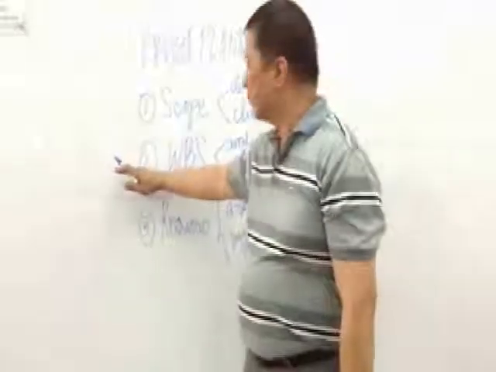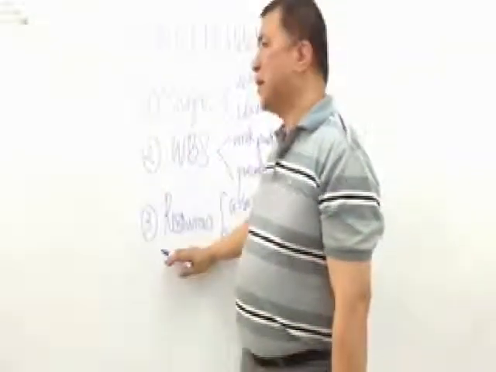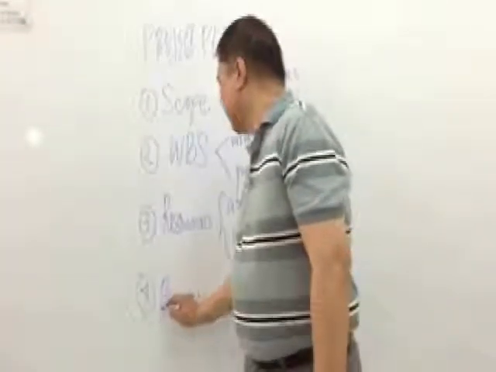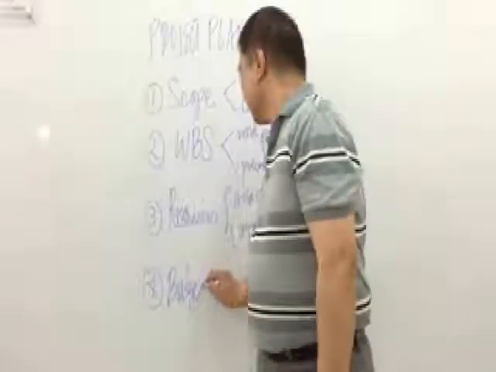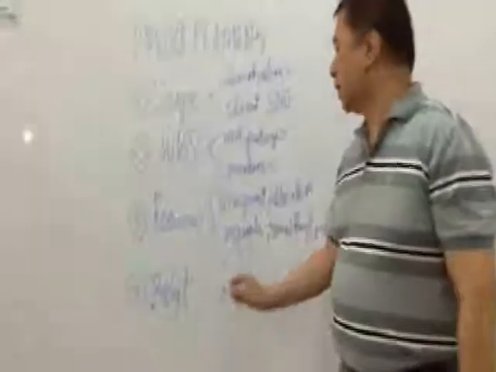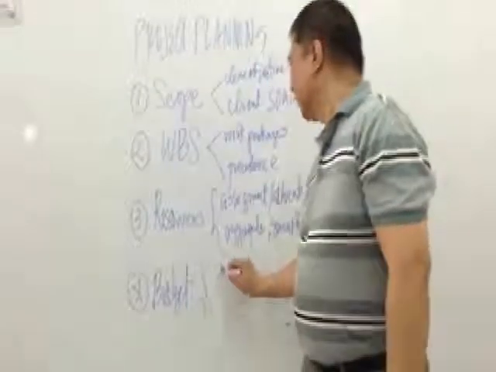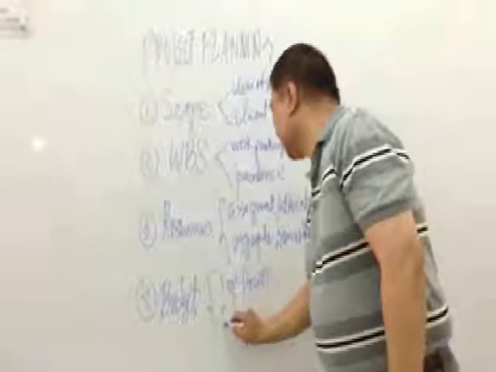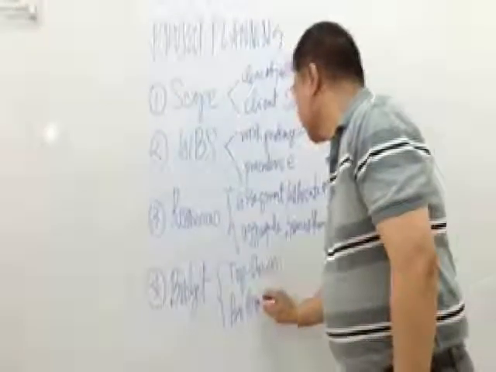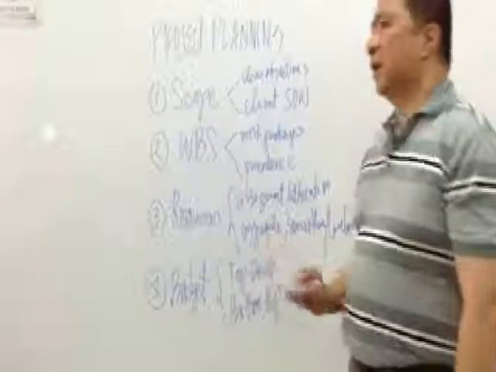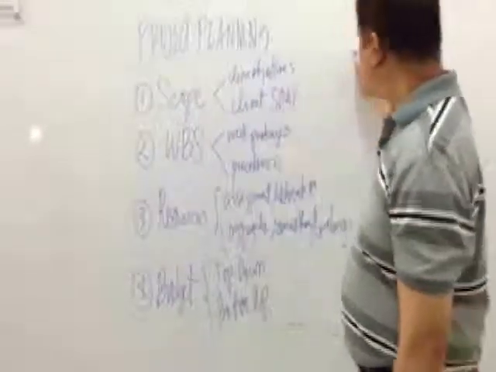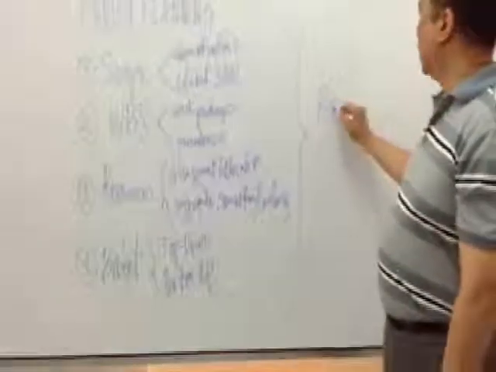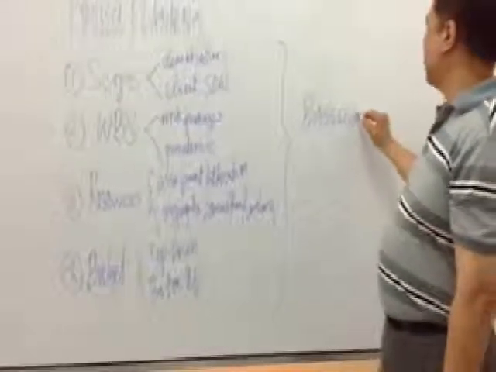So we know the activities, we know the resources, and we can now develop the budget. So in budgeting, there are two approaches, the top-down as well as the bottom-up. So this will now consist the major elements of what we call the baseline plan.